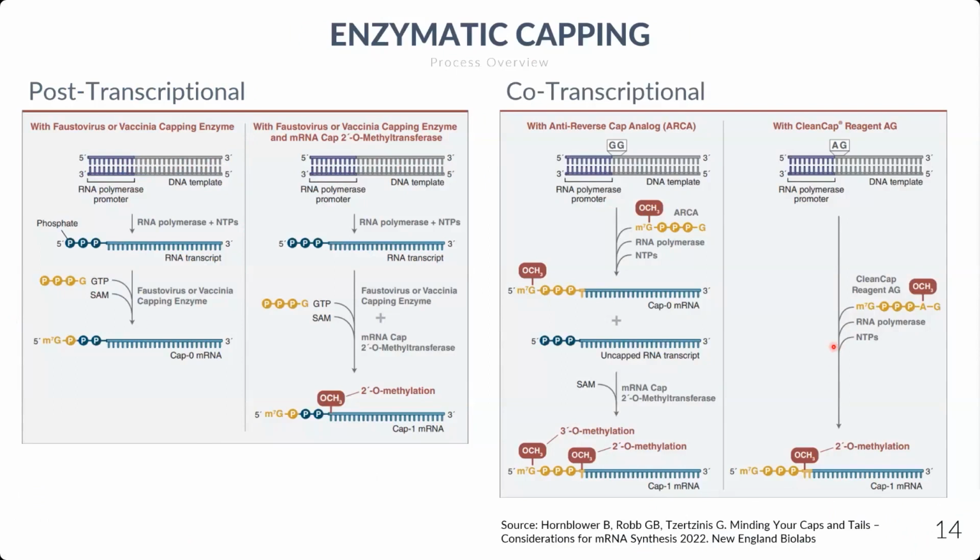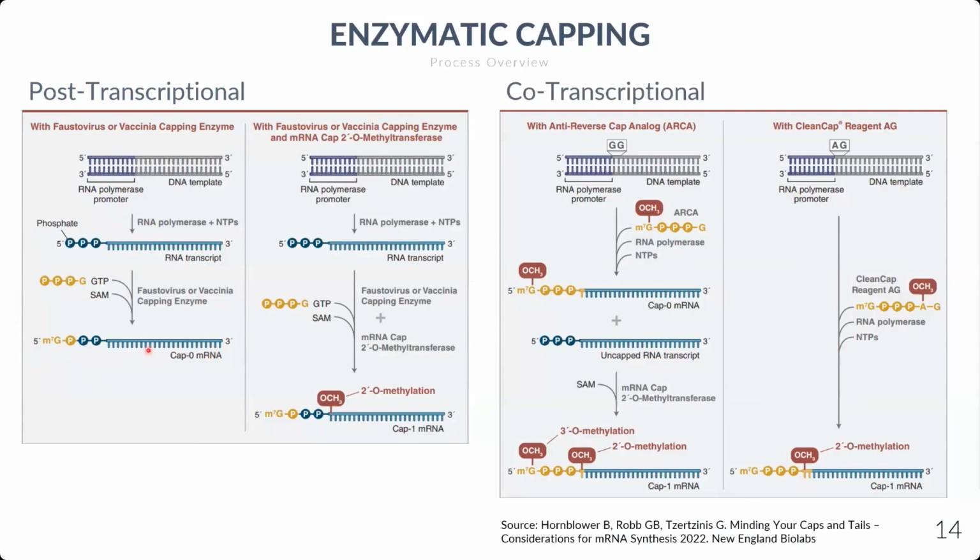And once your mRNA transcript is produced, there are a couple of ways to enzymatically cap the mRNA to render it more stable. The reason you want to do that is because if you don't have this 5' methylguanosine here, the mRNA is open to degradation.